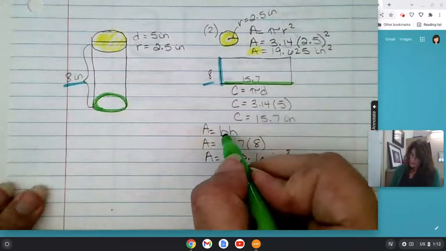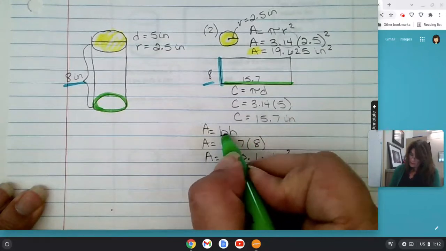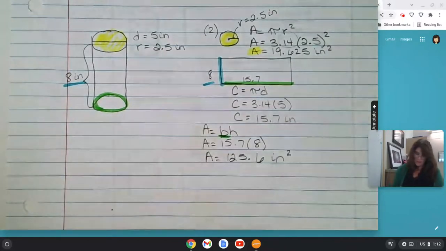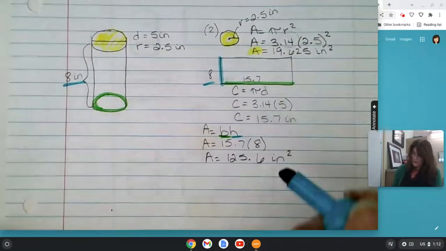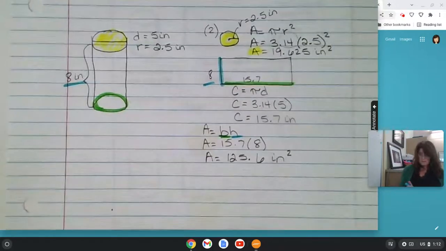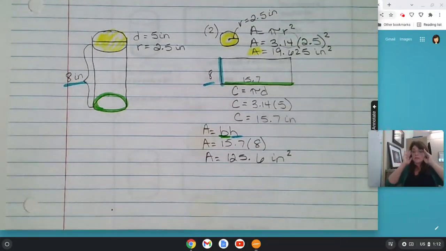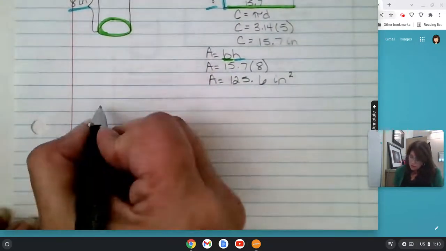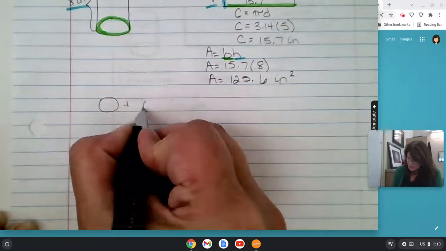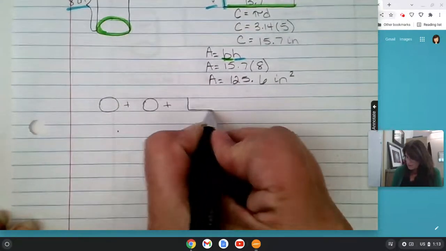And we have the base, and we have the height. Now, just like when we were doing complex shapes in 6th grade, we have to add up the pieces. So we have a circle plus a circle plus a rectangle.